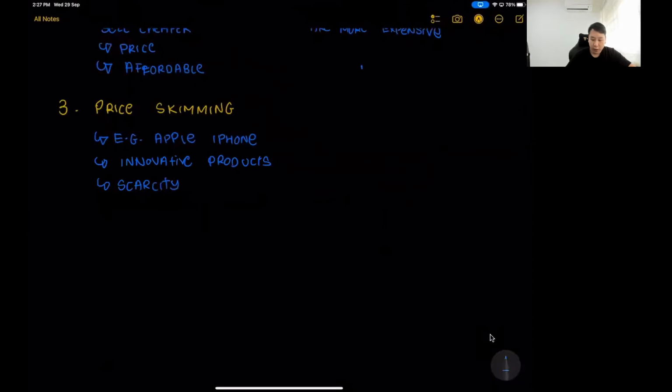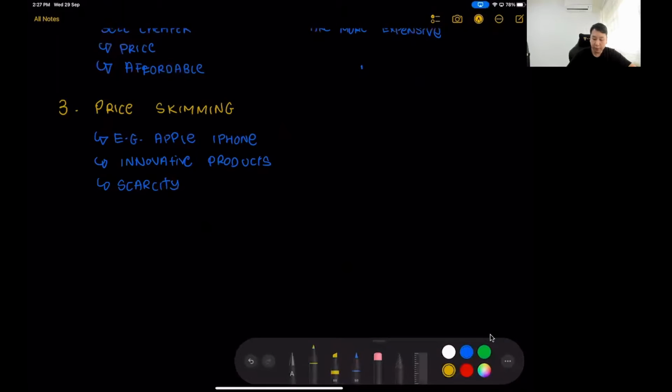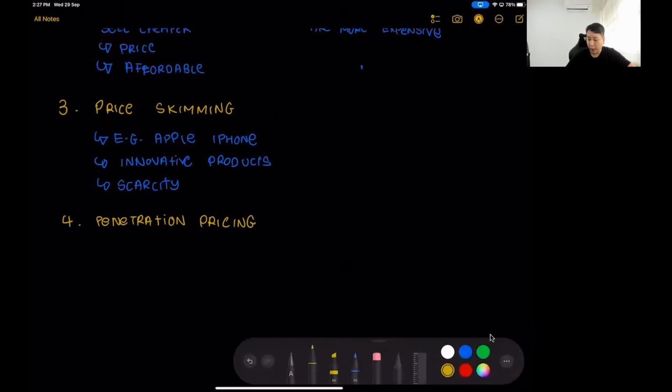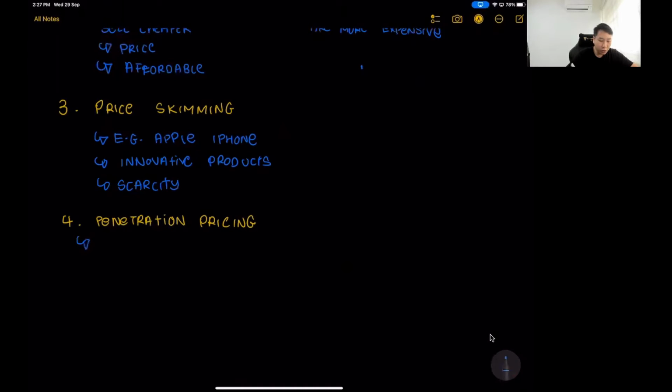Now the fourth way of pricing your products is what we call penetration pricing. What is penetration pricing? Basically, they use a low price to penetrate the market.